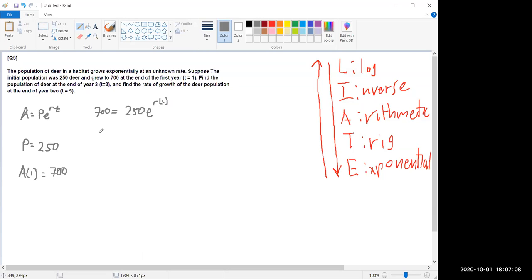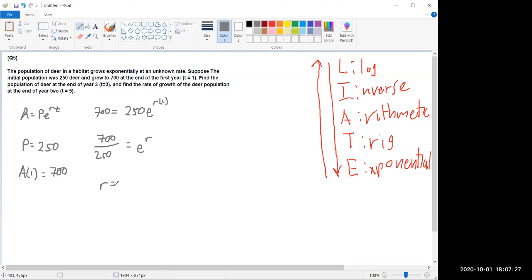So let's go ahead and do that. 700 over 250 is e to the r times 1. So just r. And then to solve for r, you have to take the natural log of both sides.